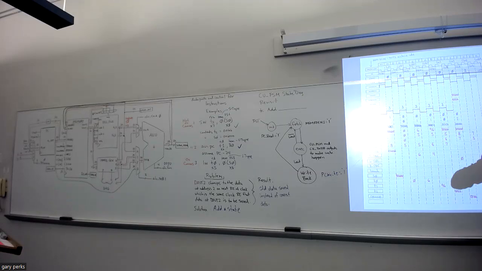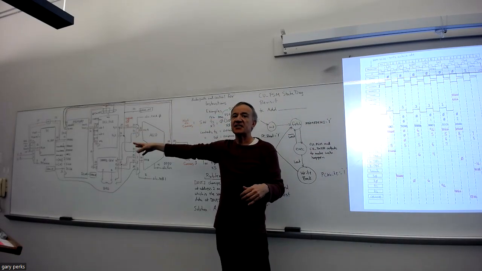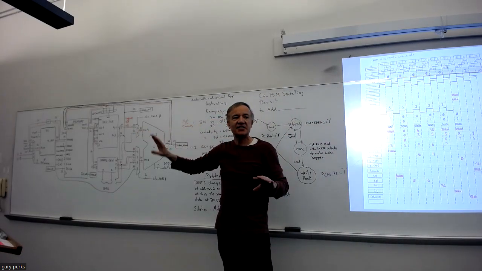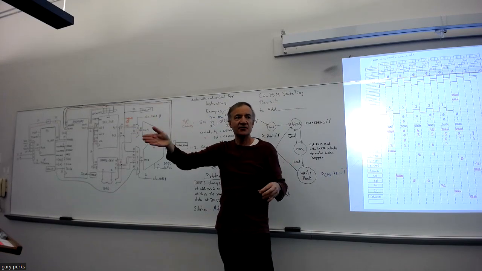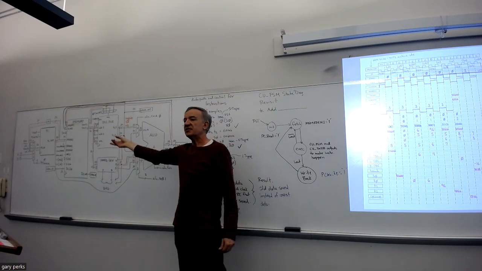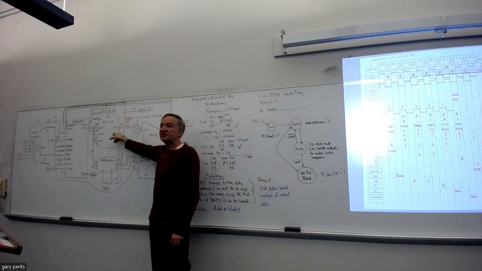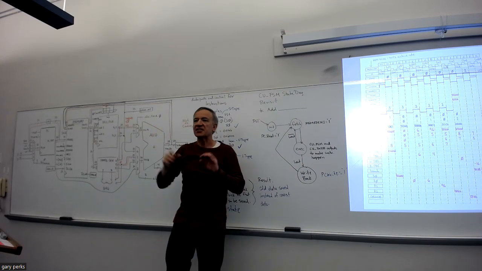It doesn't happen during the execute because it's synchronous. Remember, all our writes are synchronous. We don't have a single asynchronous write in this design. Everything that gets written happens on the clock edge. All the reads are synchronous except for the reg file. These two reads are the only asynchronous reads. Everything else is synchronous.